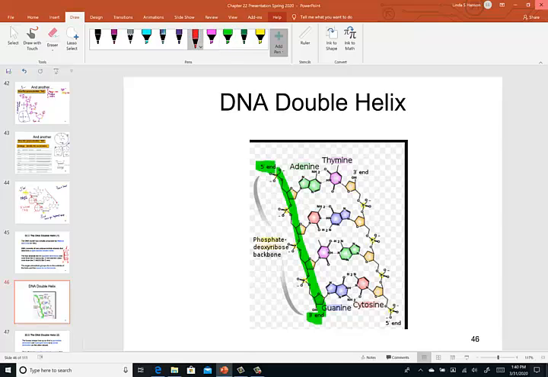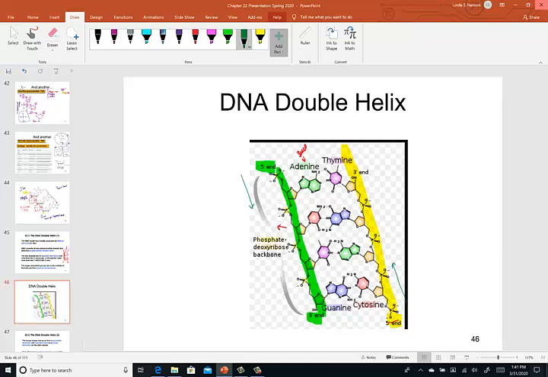Notice that the phosphates and the sugars lie on the outside, and the bases lie in the interior. In the next strand, we go from 5' up to 3' in this direction. So they're in complementary order. 5' down to 3' this way, but this is going in the opposite direction.